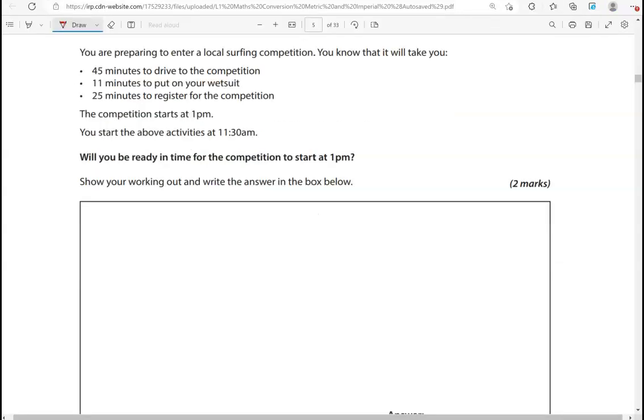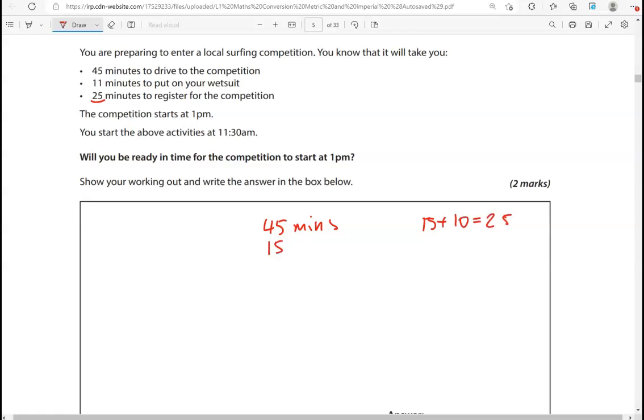So it takes 45 minutes to drive to the competition. So that's 3/4 of an hour. 11 to put on the wetsuit, 25 minutes to register for the competition. So what I'm going to do, the 25 here, I'm going to split it into 15 and 10.